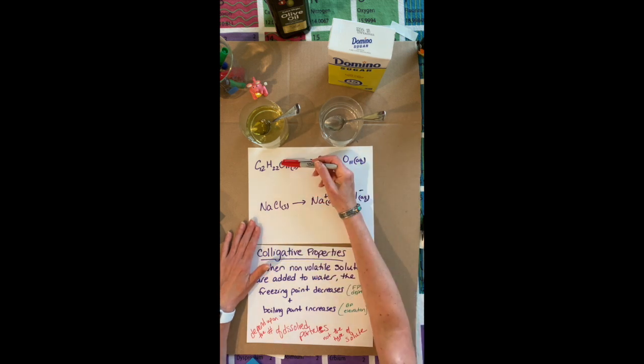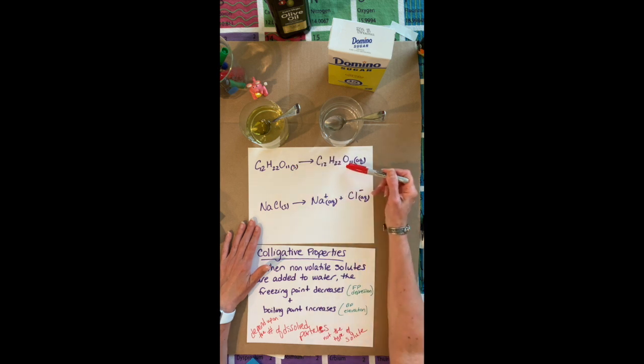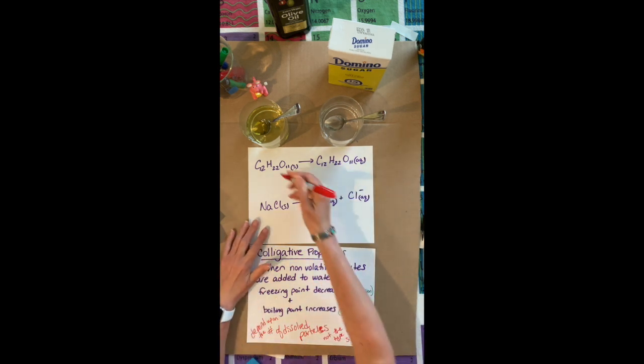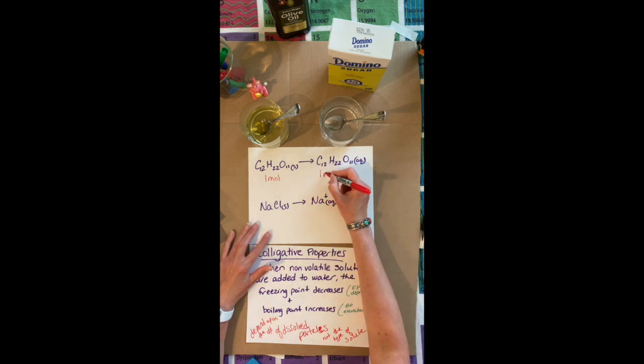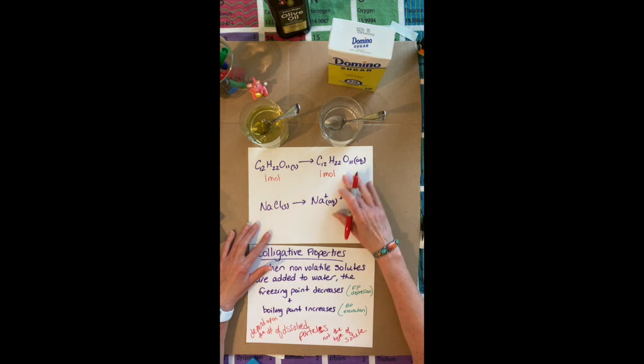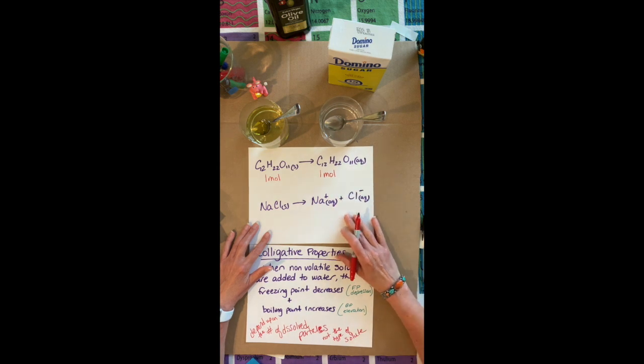So let's just take a quick look using our examples of table sugar and table salt. Okay, when we put sugar in water, the solid dissolves in that water becoming an aqueous solution. If I were to put the mole concept in here, that means if I had 1 mole of sugar and I placed that in water, I'm still going to have 1 mole of sugar molecules in that water.